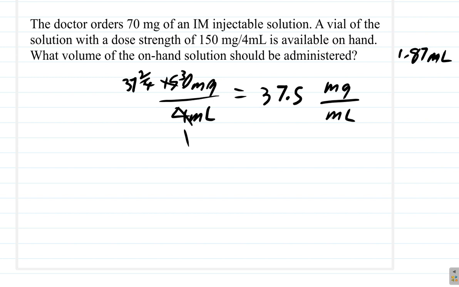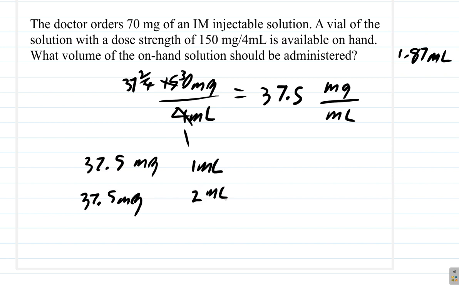So obviously, you should administer more than 1 milliliter, because 37.5 milligrams, that's 1 milliliter. If you do it again, that's going to be a total of 2 milliliters so far. But you've passed 70. This would be too much, right?